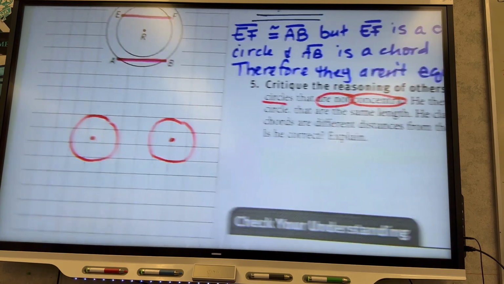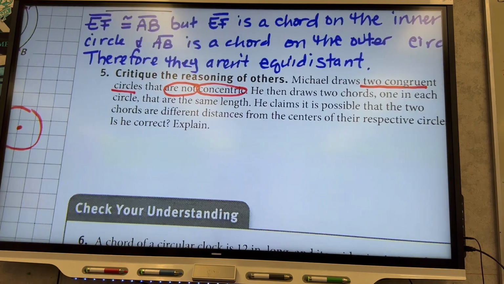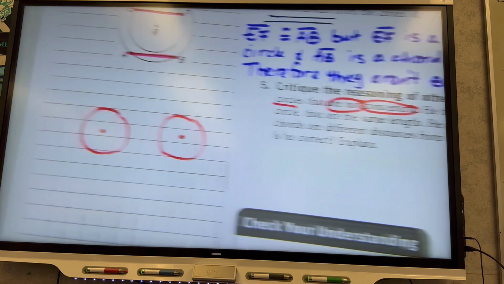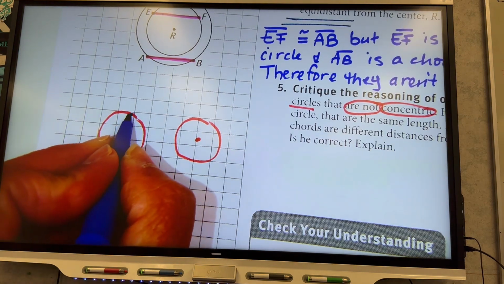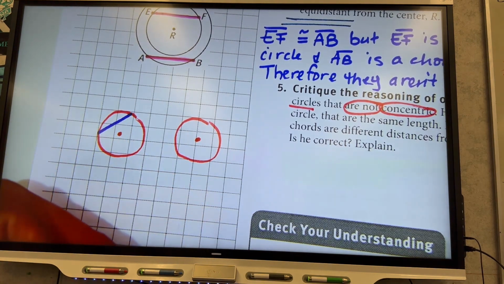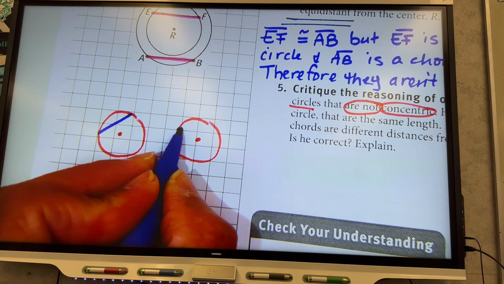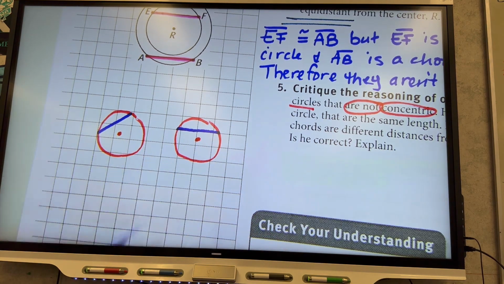Okay, now let's continue reading. He then draws two chords, one in each circle that are the same length. So two chords, one in each circle, they're the same size. I'm going to draw one kind of angled. And let's pretend that the other one I draw is the same size, but I'm going to draw it at a different angle in the other circle.